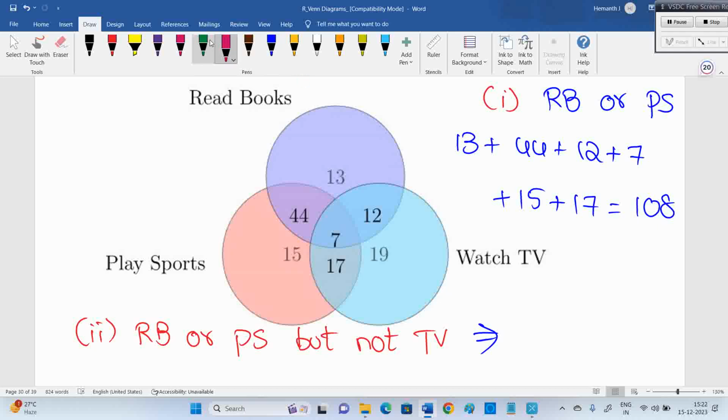TV I don't want. 13 plus 44 plus 15. So what's this value? 57 plus 15, 72. Read books or play sports but not TV.